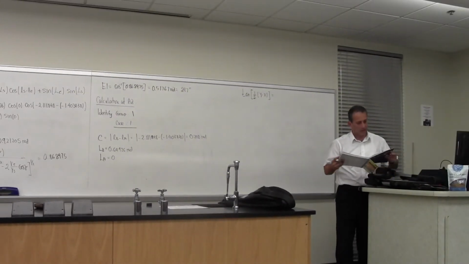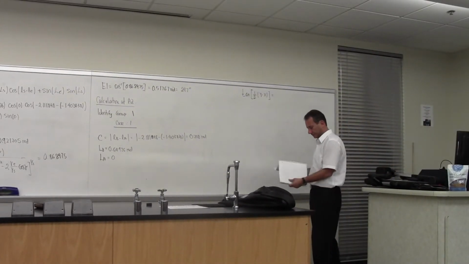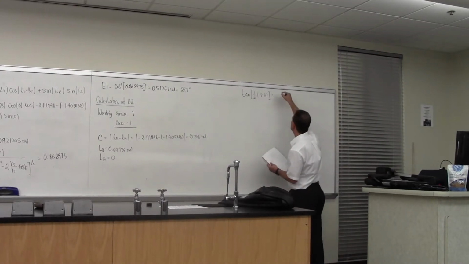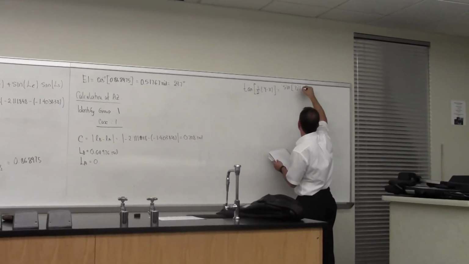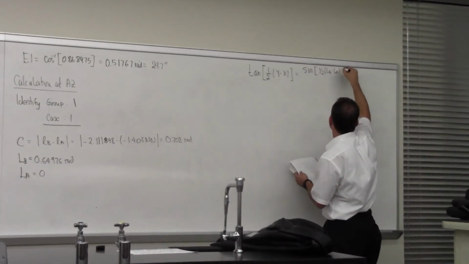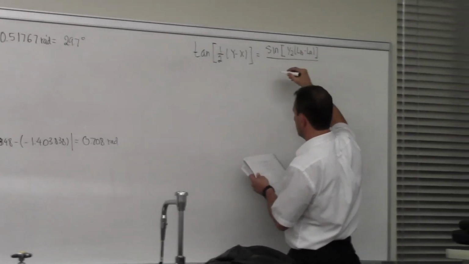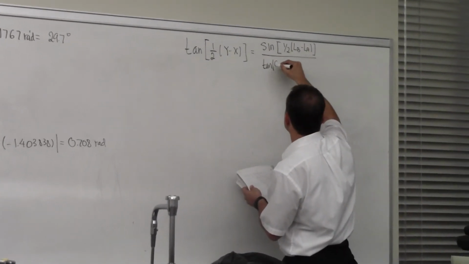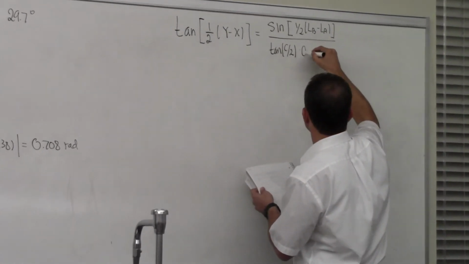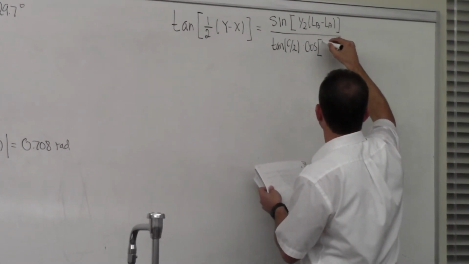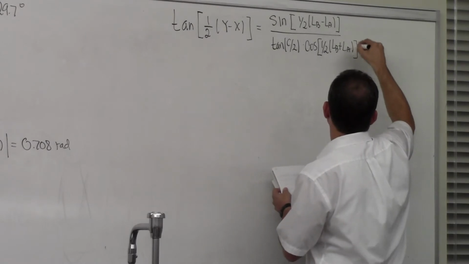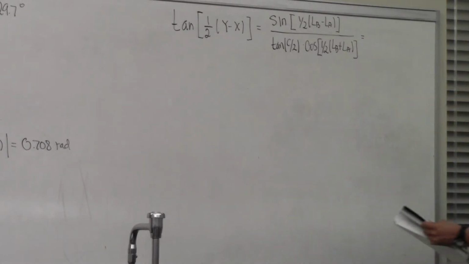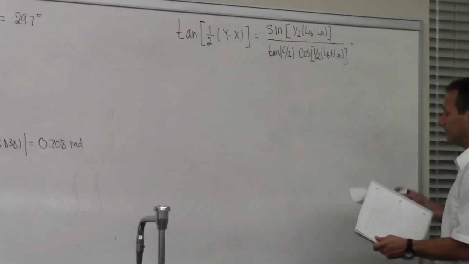So that was that expression, which is sine of 1/2 (LB minus LA) divided by tangent of C over 2 times cosine of 1/2 (LB plus LA). Everything is known in this expression. You have B and LA and C, so it can be easily evaluated.